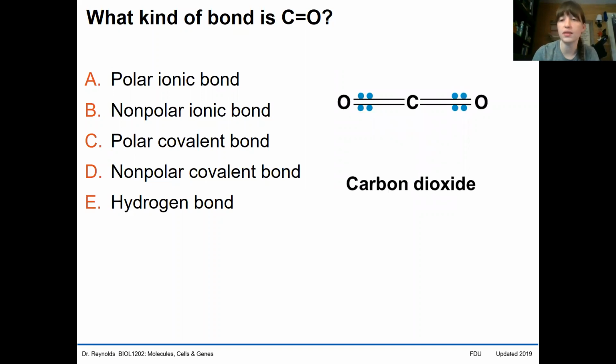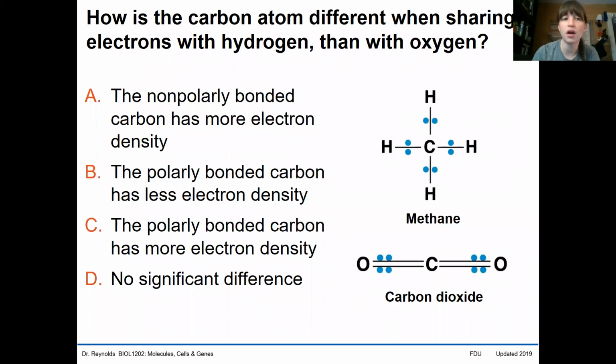What about carbon to oxygen? In this case, carbon is weakly electronegative and oxygen is highly electronegative, which means that oxygen is going to hog the electrons, resulting in a polar covalent bond. So how is the carbon atom different when it's sharing electrons with hydrogen versus oxygen?